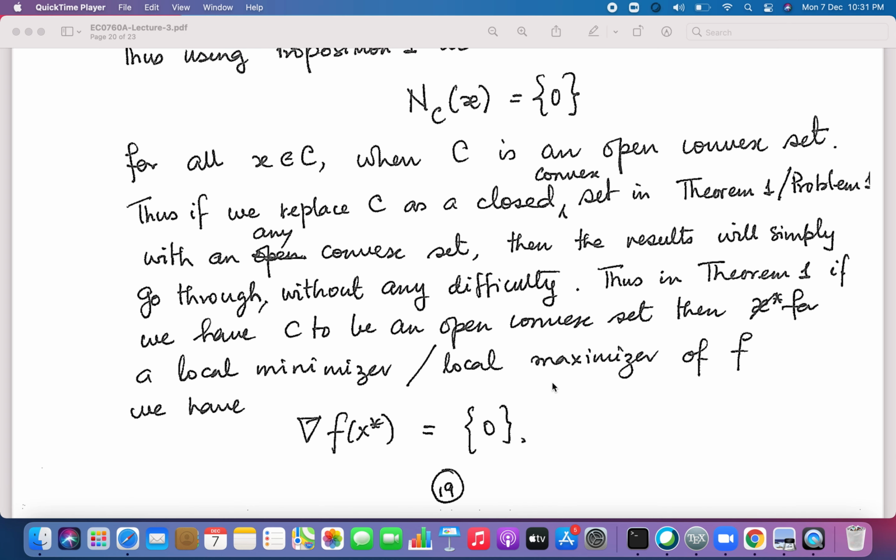So what happens is that now theorem 1 also, whatever we have studied in theorem 1, if instead of a closed convex set we have taken just a convex set, the same story can go through without difficulty. You can try to work them out and see that the whole story goes without any difficulty.